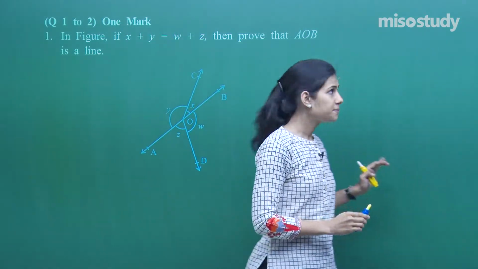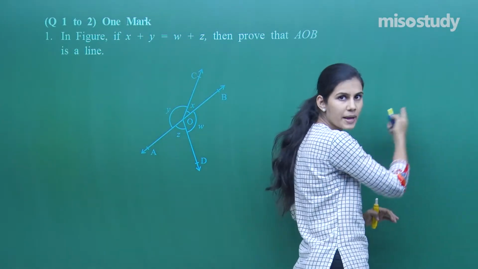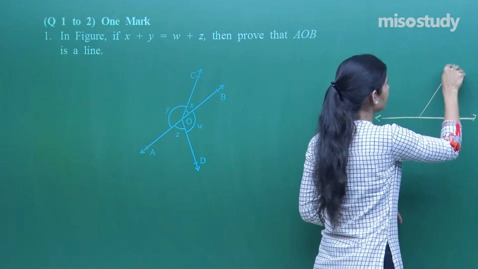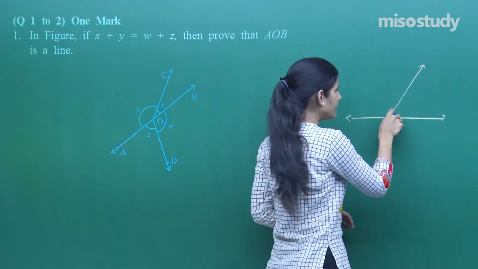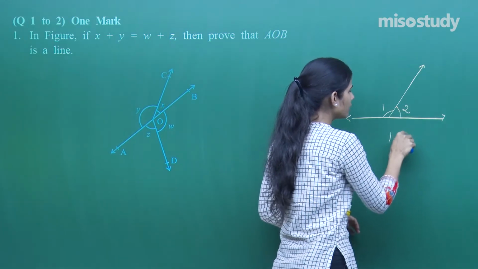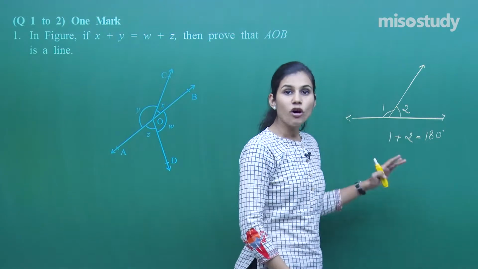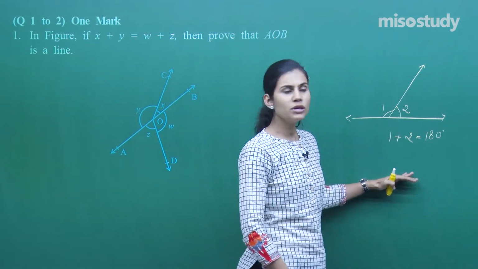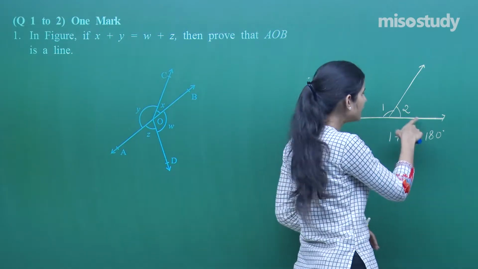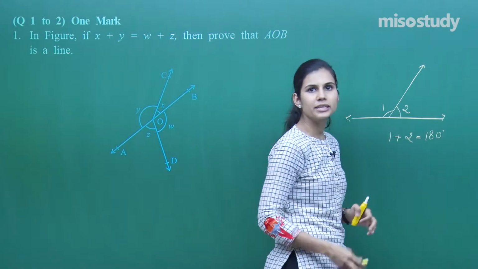It says that if on a straight line there is a ray standing, then it actually produces two adjacent angles such that when you add them you get 180. Its converse was what? Its converse was that if there are two adjacent angles whose sum is 180, then definitely their uncommon arms are going to be opposite to each other or they will be forming a straight line.